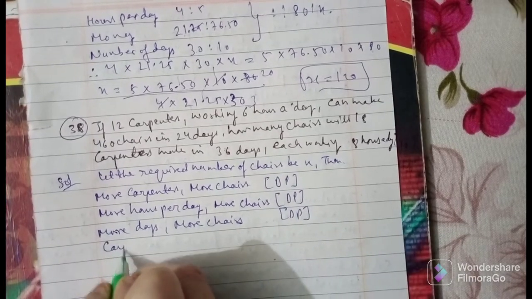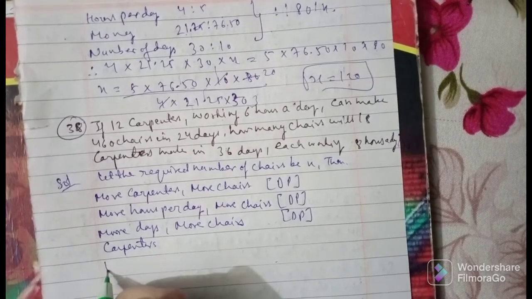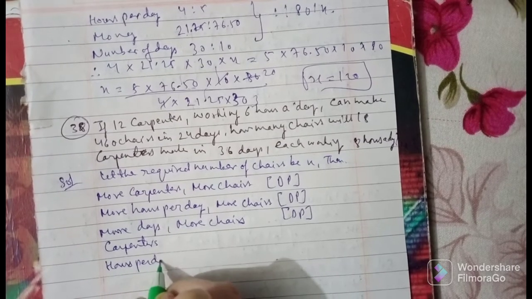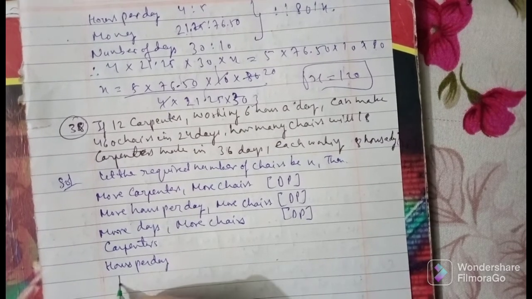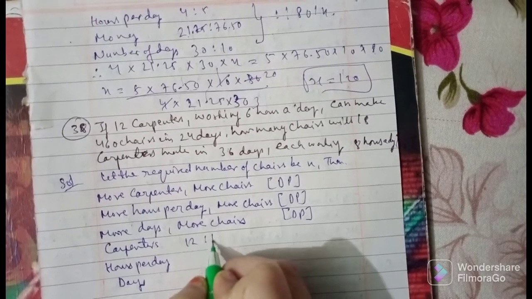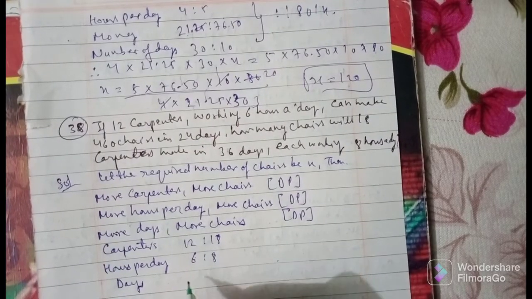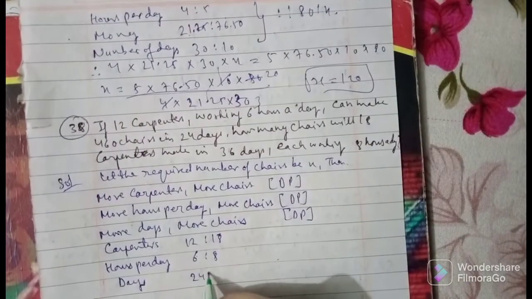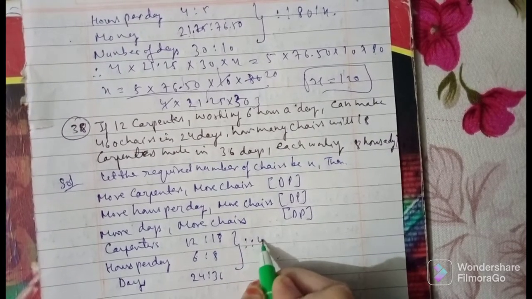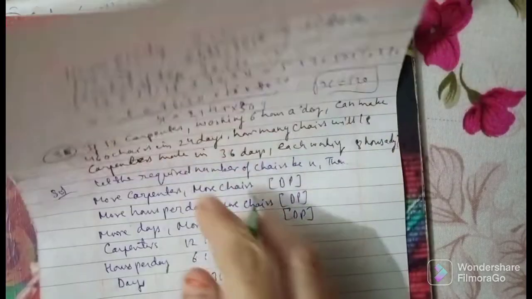So the carpenters, hours per day, and the days: it's 12:18, 6:8 and 24:36. It will be 460:x.